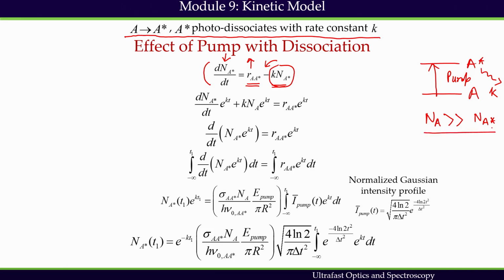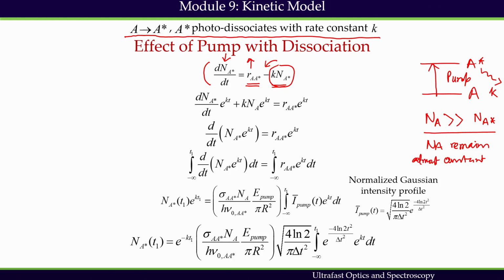If this is valid, then one can approximately say that N(S) star remains almost constant. This is called unsaturation limit.